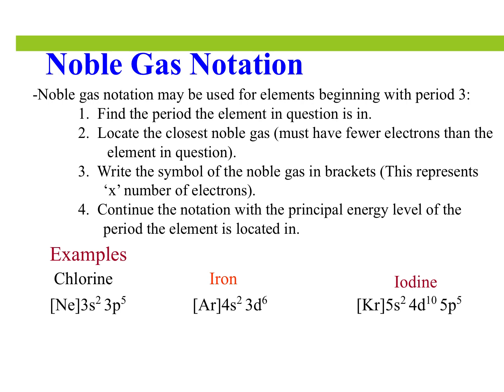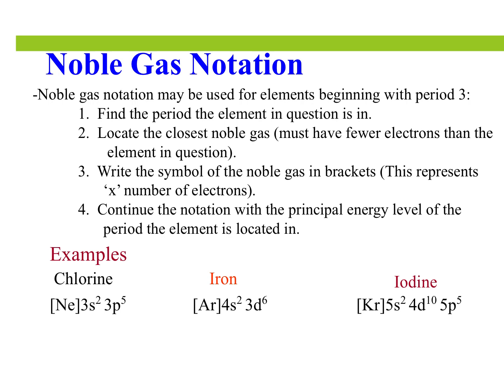All right, now that we've learned how to do full electron configurations, it's time to learn a shortcut. We call this shortcut the noble gas notation. For any element beginning with period 3, the third row, we can use noble gas notation.